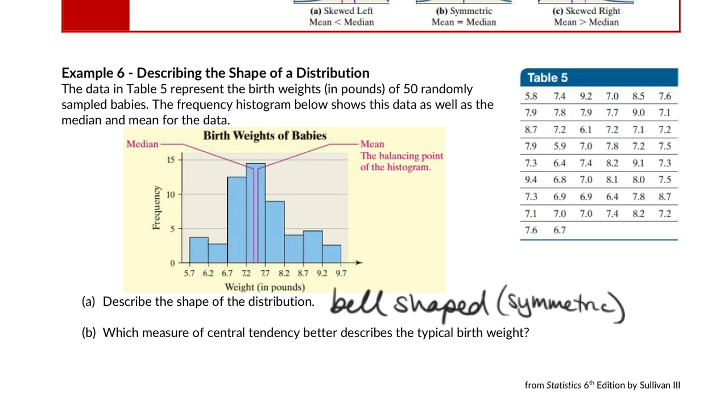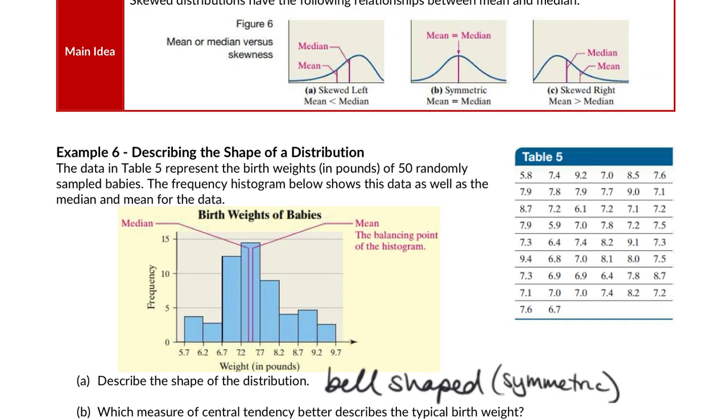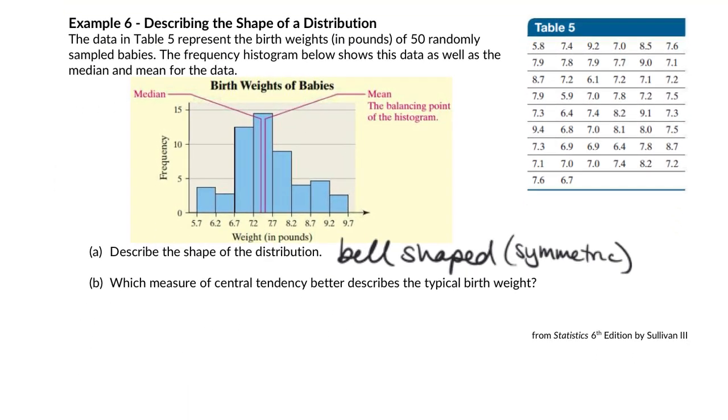In which case, which measure of central tendency better describes the typical birth weight? Would we rather report the median or the mean? If it's bell-shaped and symmetrical, what does the box right above this say the relationship between mean and median is? They're approximately equal. So we know that X bar would be approximately equal to the median.